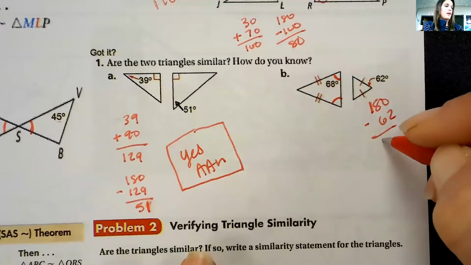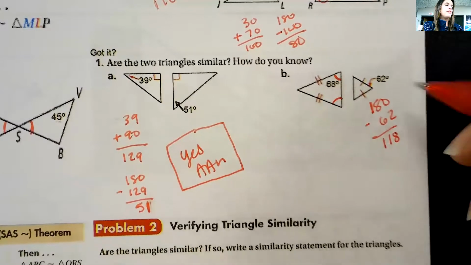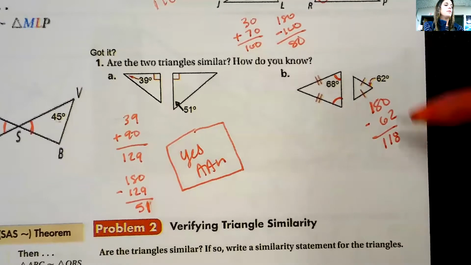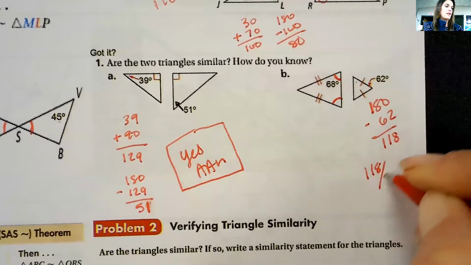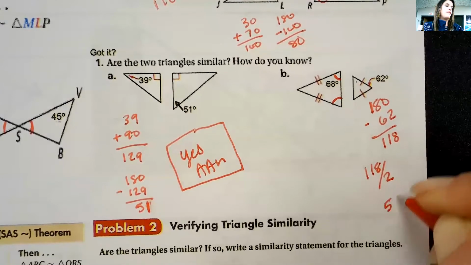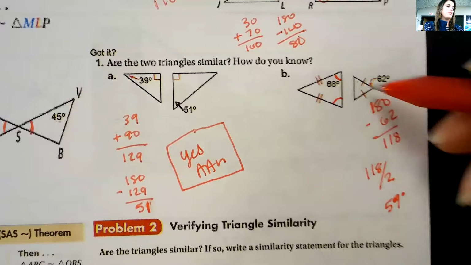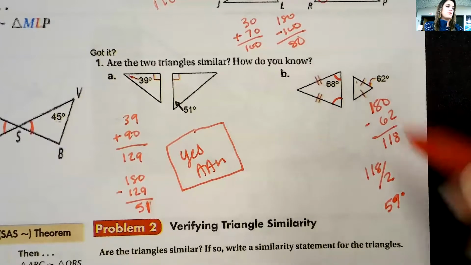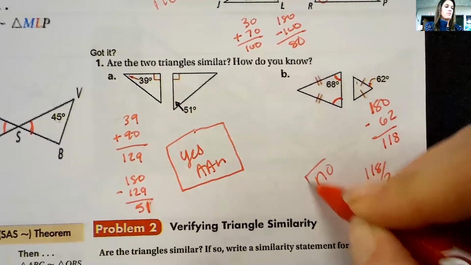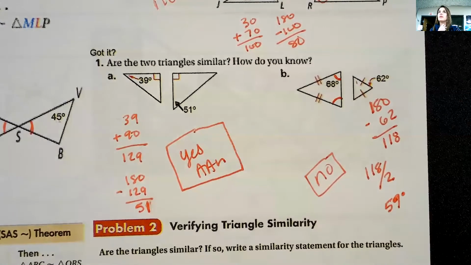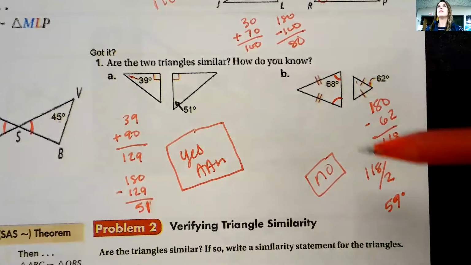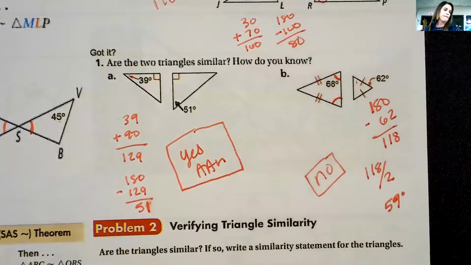And that's going to give me 118, and then divide that by 2 to see what these base angles are. So if you take 118 and divide it by 2, we get 59 degrees for those 2 base angles. So this one would be a no. If that's 59 and 59, that's not going to be congruent or similar to one that has 68 and 68 down here.